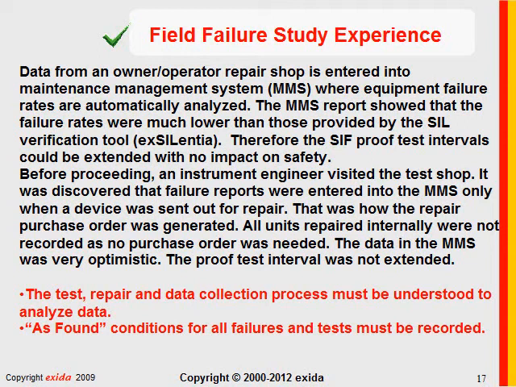The failure rates provided by the SIL verification tool, Excellentia, were much lower. So obviously, the proof test intervals could be extended with no impact on safety. And there was, wow, a nice opportunity to save a lot of maintenance expense, right?